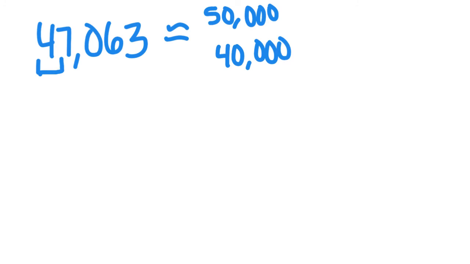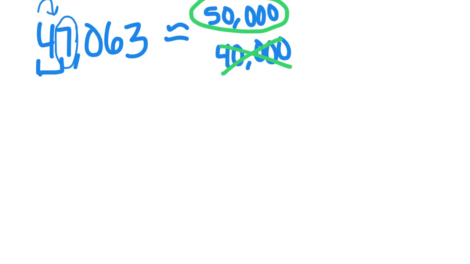Well, I can look at the place value next door, and next door to my 10,000s place, I see a 7. That 7 is equal to or greater than 5, which indicates to me that I'm going to have to round up. 47,000 is closer to 50,000.